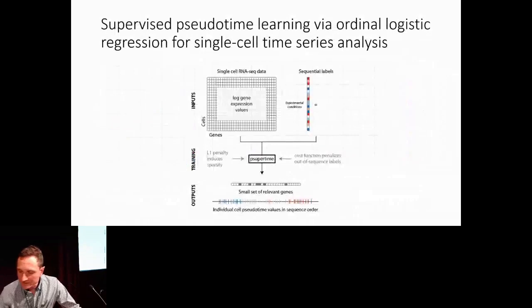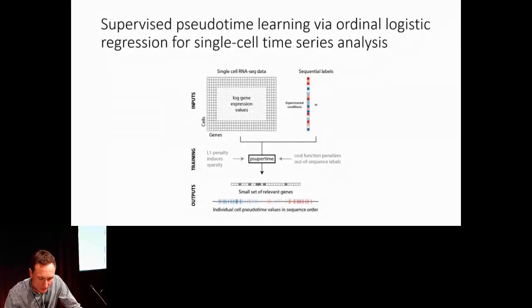And so for this reason, we came up with a method that uses the time label information in order to come up with such a pseudotime that respects time. And for this reason it is supervised.